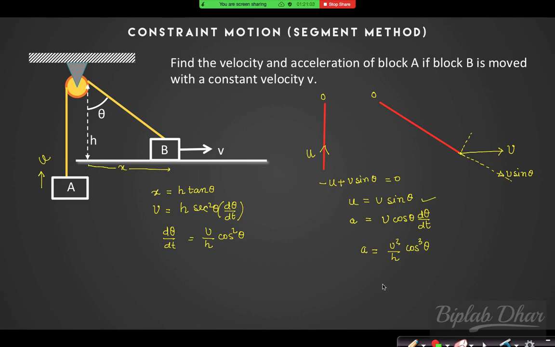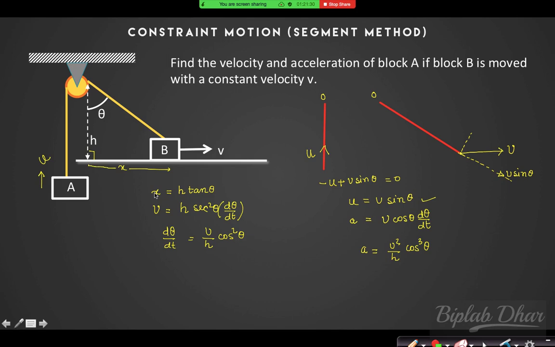Have you understood this one? Sir, can you explain how you got the value of d theta by dt? Can you see the right angle triangle where the base is x and height is h? What is the relation between base and height? Can I say x equals h tan theta?